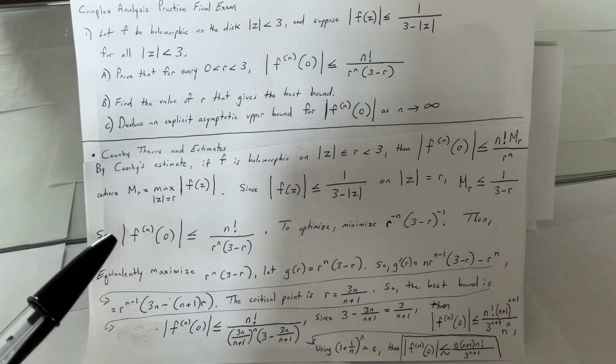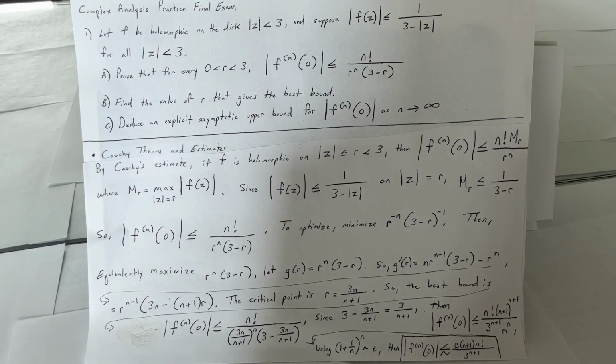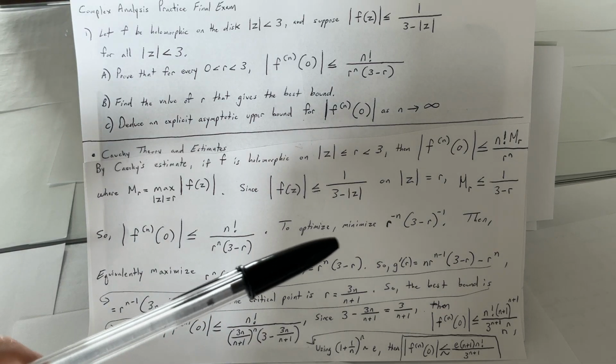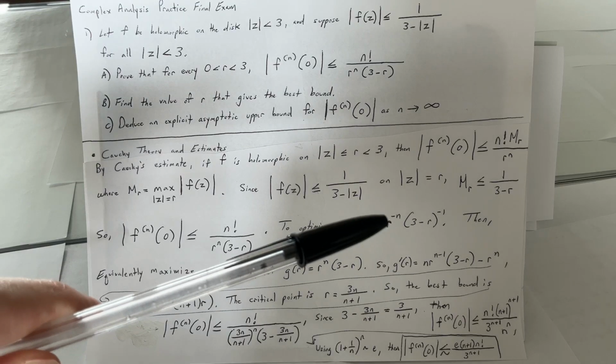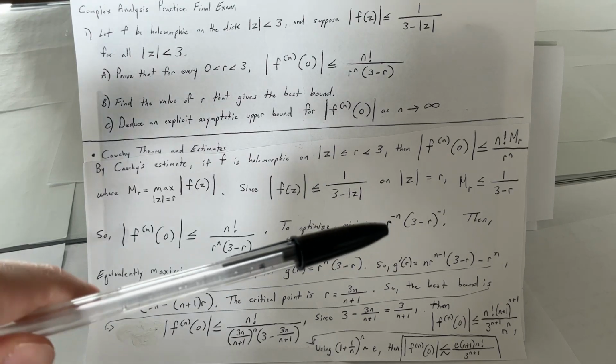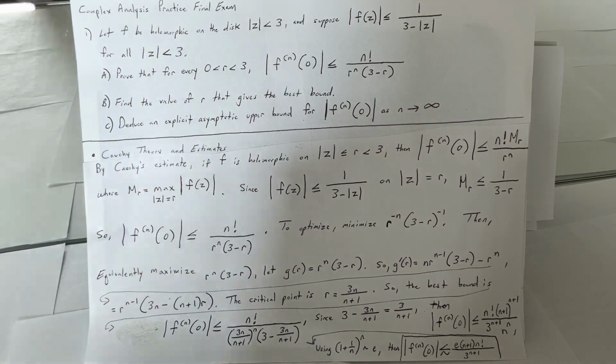So absolute value of f^(n) of 0 is less than or equal to n factorial over r to the n times the quantity 3 minus r. To optimize this, we can minimize r to the negative n times 3 minus r to the negative 1.